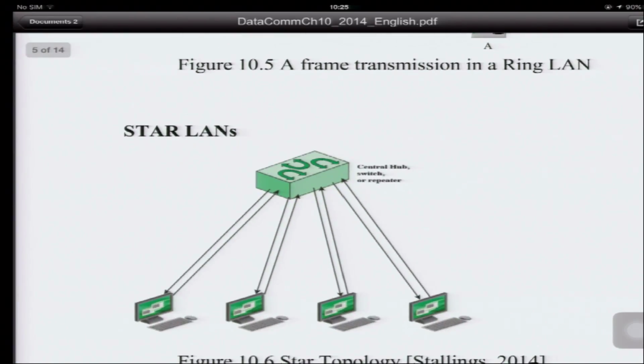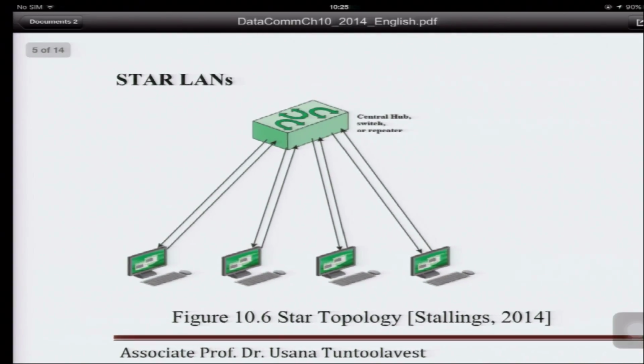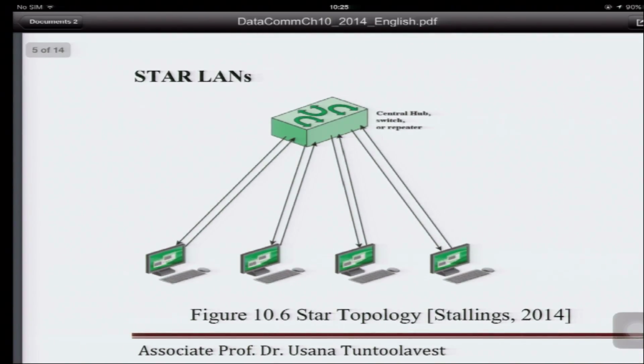Anyway, you can see that if it's a closed loop, they will have to have a technique to not make the frame run indefinitely. But if it's a tree or a bus, then you have a terminating resistance at the end anyway to absorb the frame or the signals.